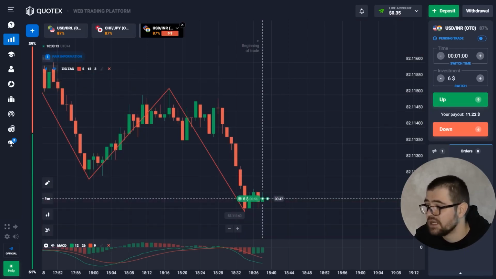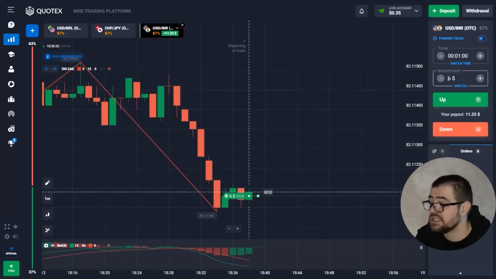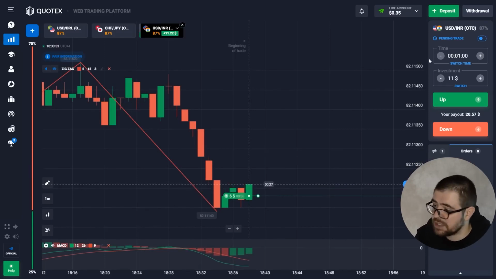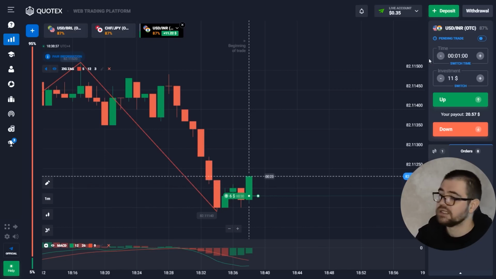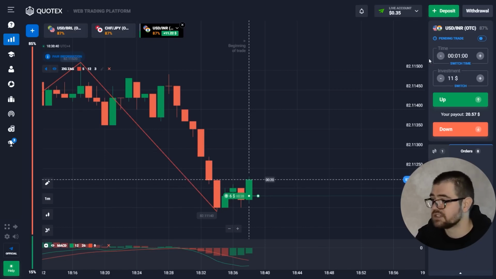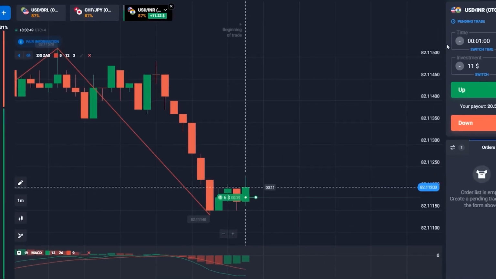It was a bear trend, and now we're entering kind of into a flat from which most likely we could go up. And looking at the dynamics of the trend in general, we can see that this is what happens. It goes up and then it loses its power, picks it up, goes up, and then down. So it has a rhythm, and we can see that on this graph. And yeah, let's see the result.